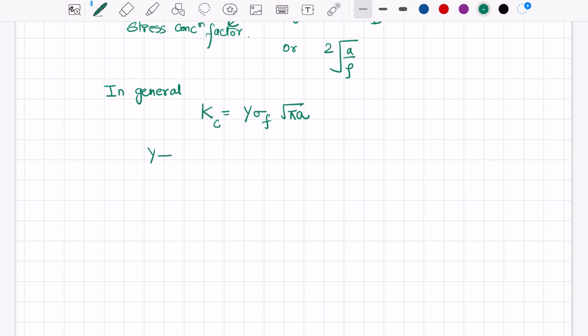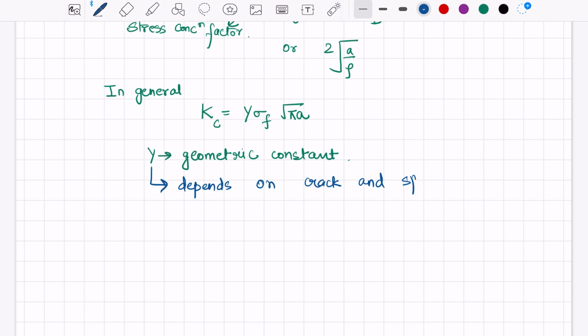Here y is a geometric constant that depends on crack and specimen geometry, and it also depends on the load application and the manner in which load is applied.